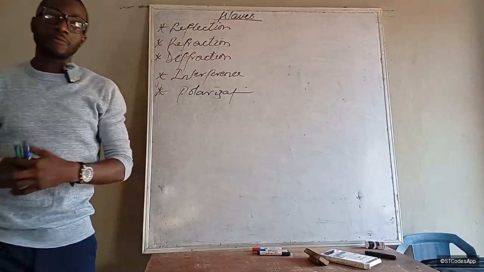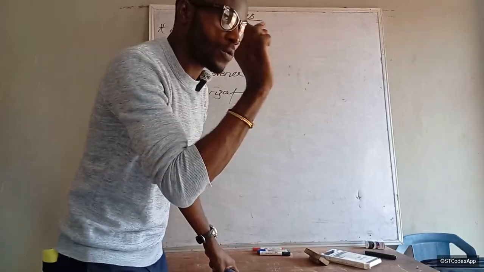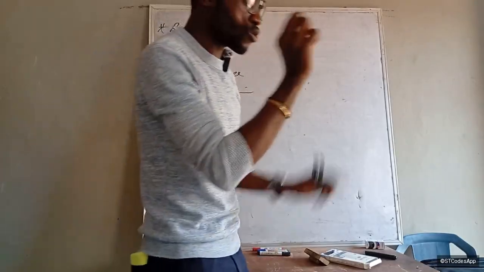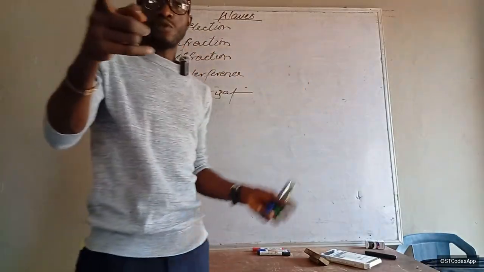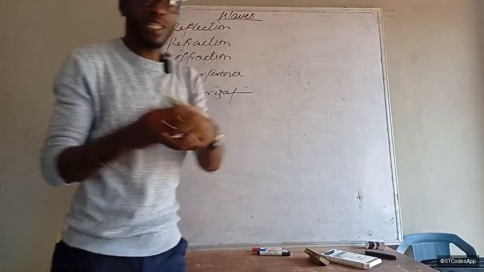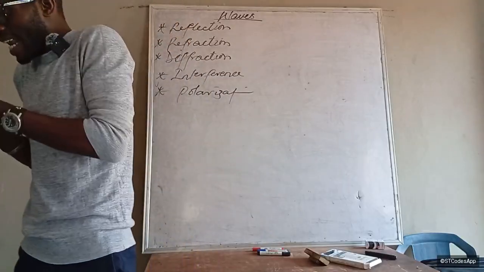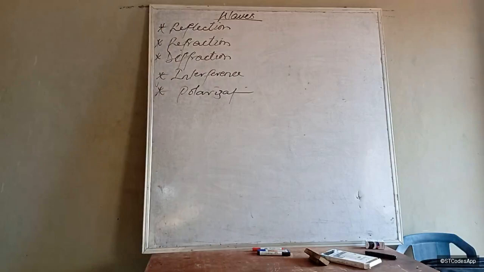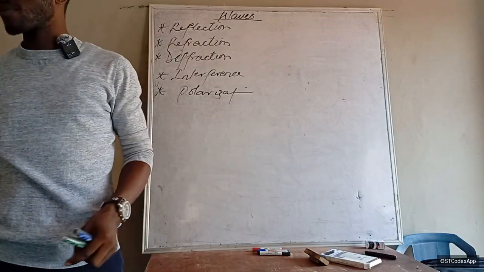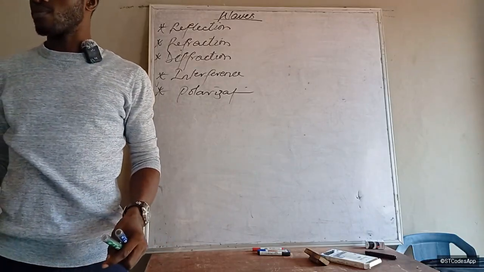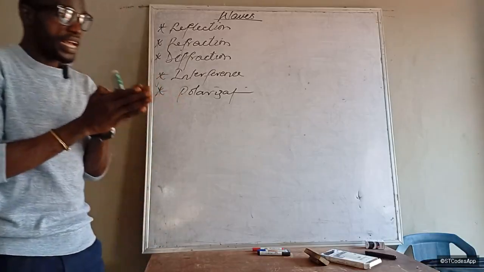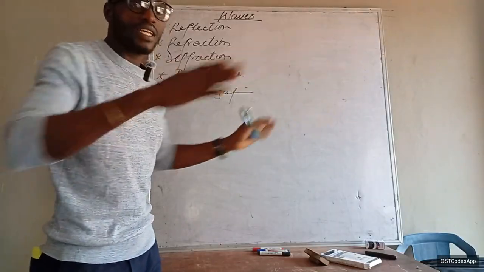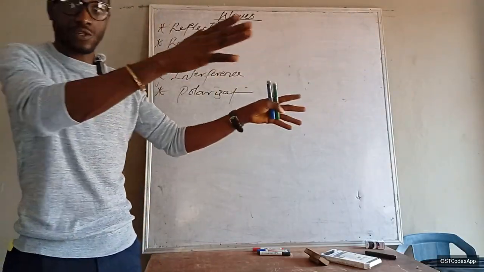Then diffraction is when light is traveling through an aperture. When light is traveling through a small aperture, you've seen this thing before. If you illuminate a small hole, you notice that the light will travel like this, right? And go and form something big. What I'm trying to say is that that spreading there is the diffraction, okay?